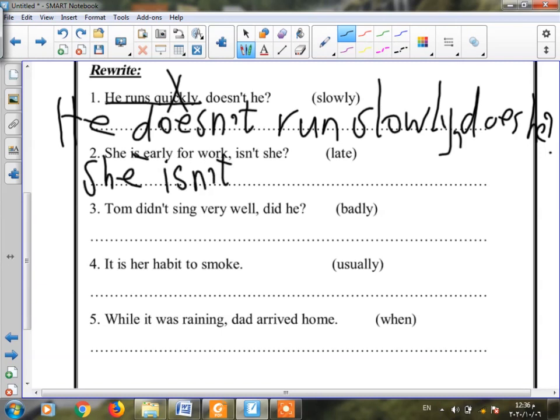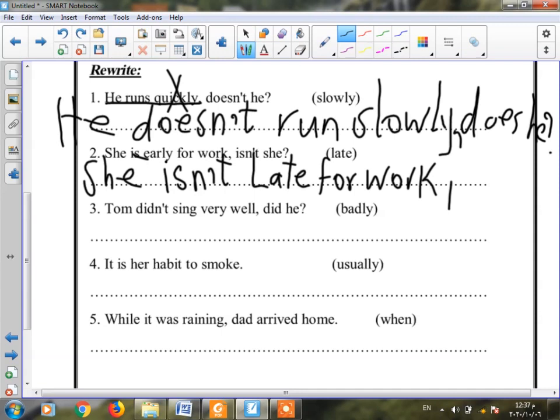Cross early replaced by late. Okay, late for her work. Why do I change is into isn't? In order to keep the meaning of my sentence the same, because she is early has the same meaning as she isn't late for work.